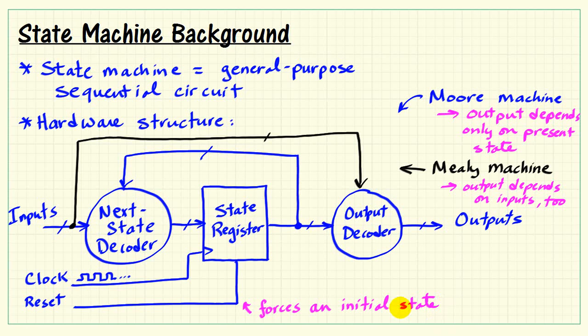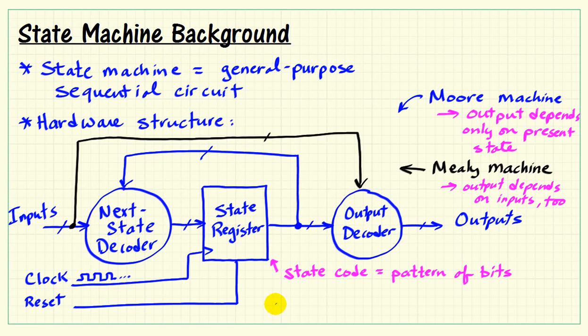This is useful for the power on behavior, as well as bringing the state register to an initial state for testing. As I mentioned before, the pattern of bits stored in the state register defines the state, and we can refer to this as the state code. If the state register contains n flip-flops, then we have 2 to the n possible states.